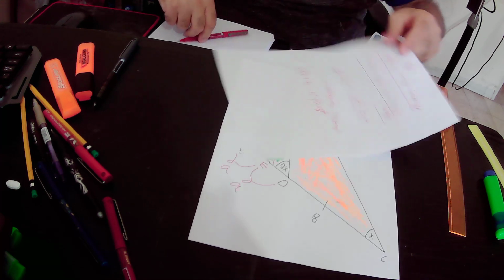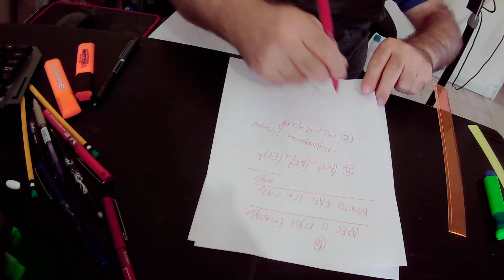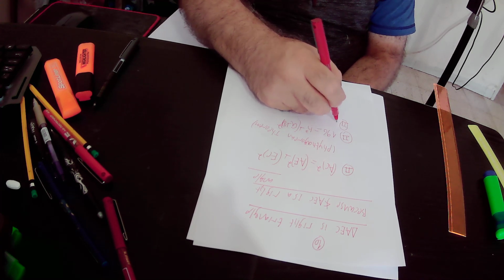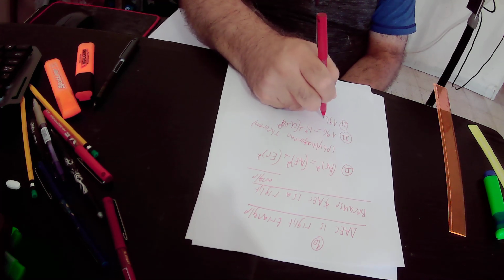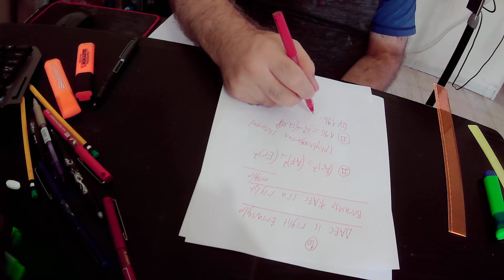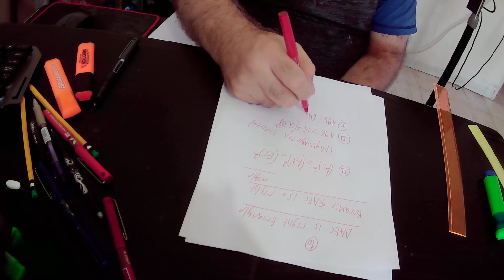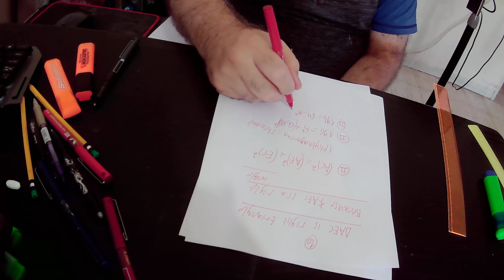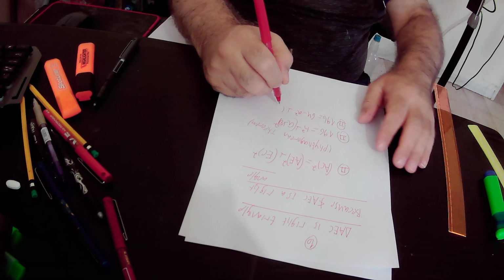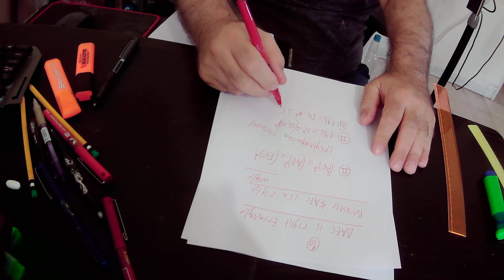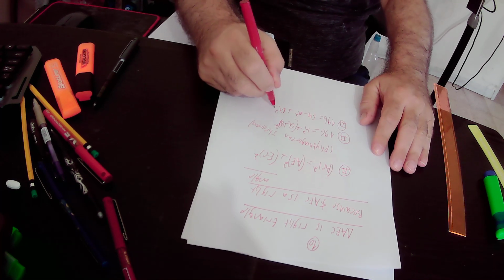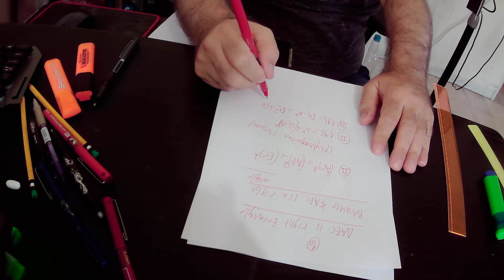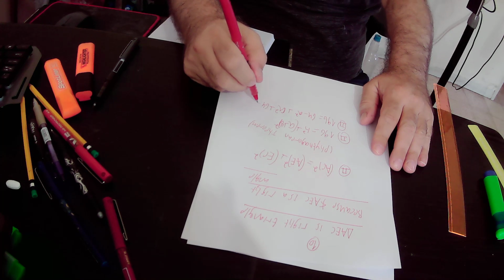Okay, so we will do it now. We will get that 196 equals 64 minus a square, according to equation number 1, plus (a plus 8) square. (a plus 8) square equals a square plus 8 square, that is 64, plus 2 times a times 8, that is 16a.